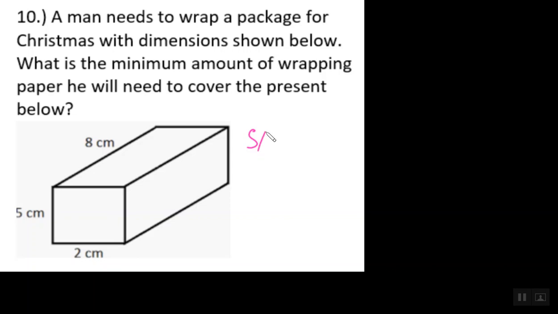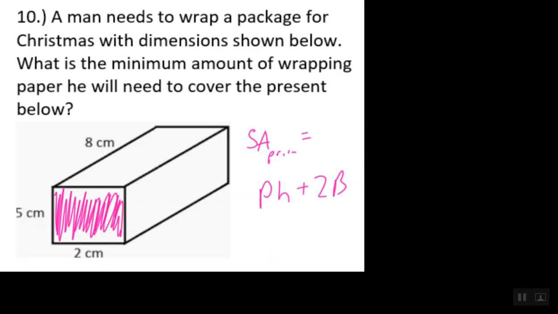So we are trying to find the surface area of a rectangular prism, and so our surface area formula will be the perimeter of the base times the height plus 2 times the area of the base. And I would encourage you to use this as your base, and that's as much help as I'm going to give you. You can do the rest on your own.